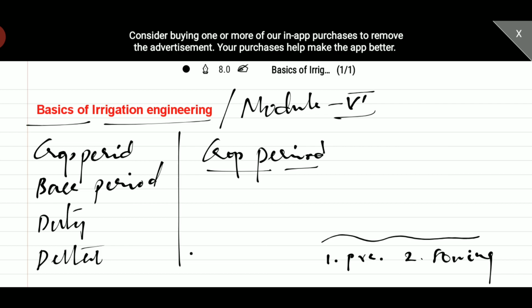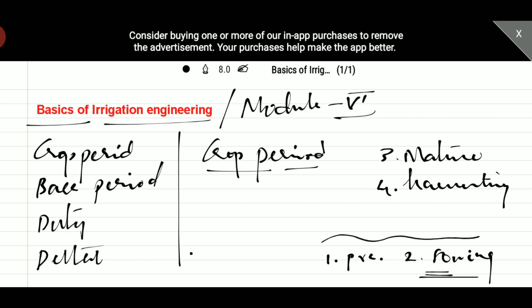The total time that elapses between the sowing and then the third stage, when it matures, and fourth, the harvest. So the time between the sowing period up to harvesting is called the crop period.